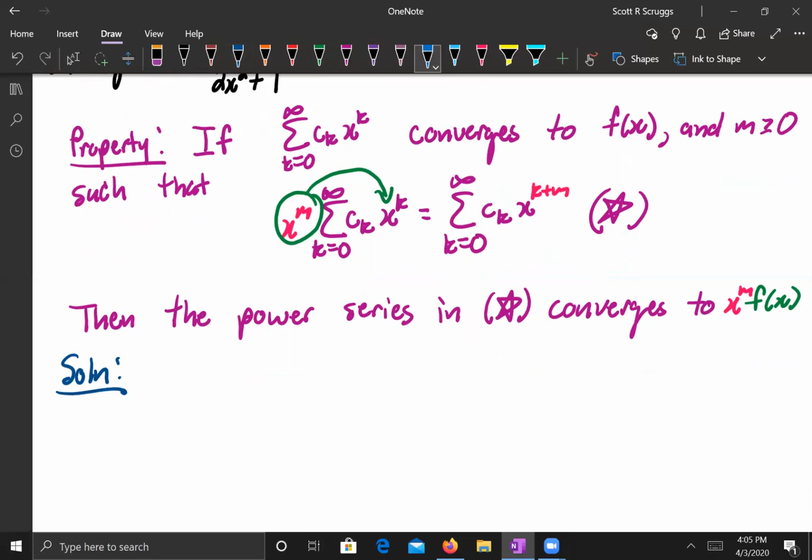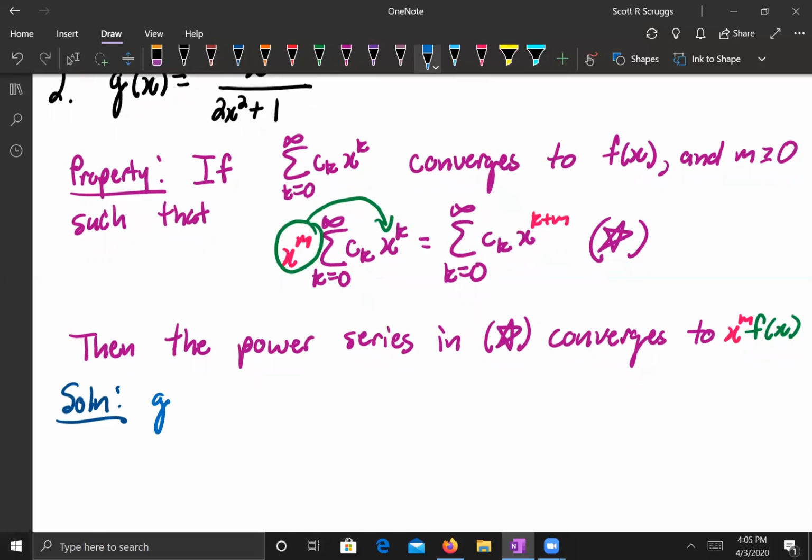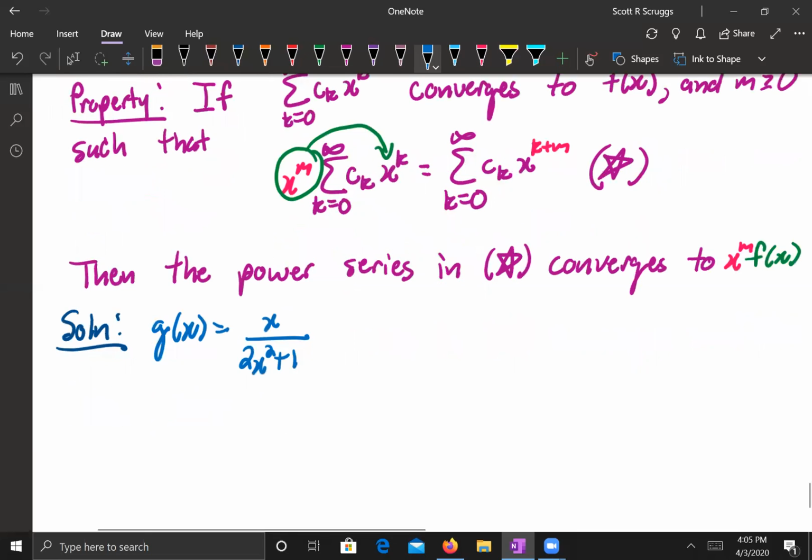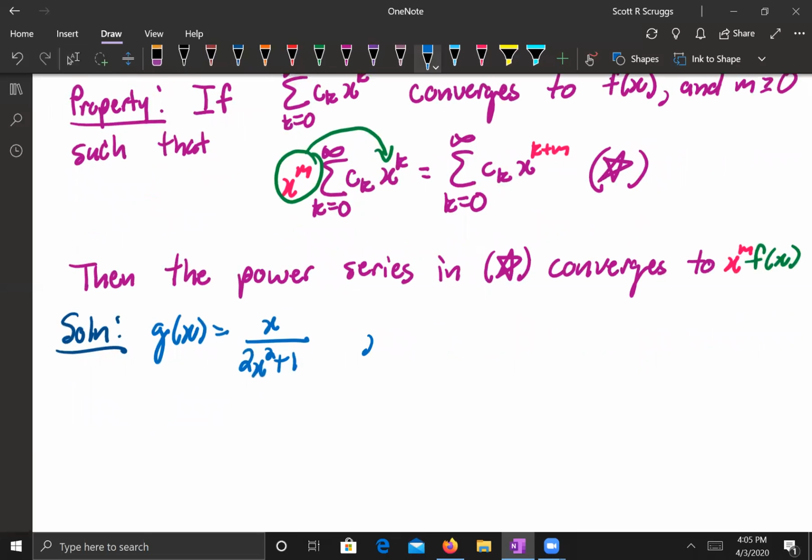So I'll rewrite g of x so I don't have to scroll back up. Again, I'm going to try to relate this with the power series 1 over 1 minus x equals the sum k equals 0 to infinity of x to the k, where absolute value of x is less than 1.